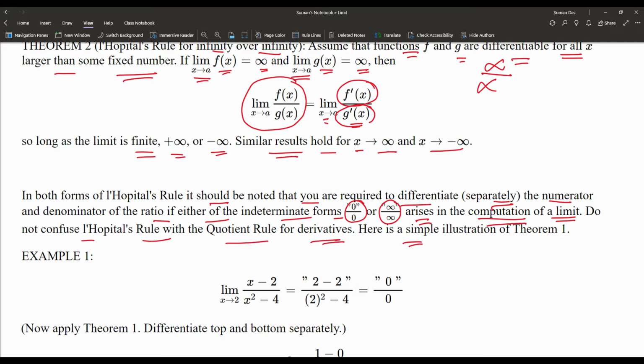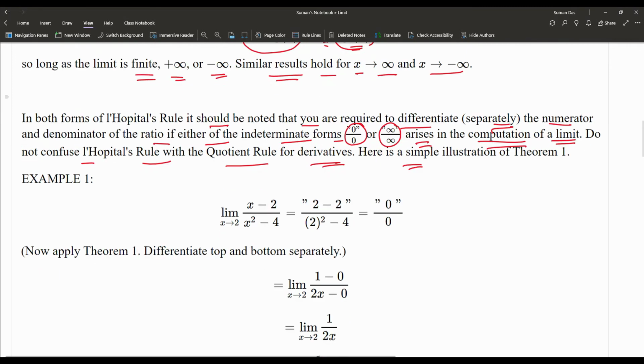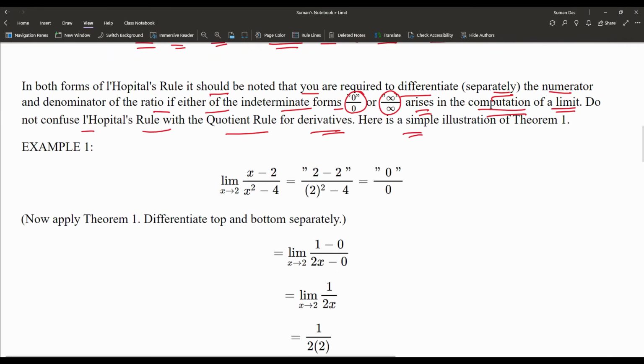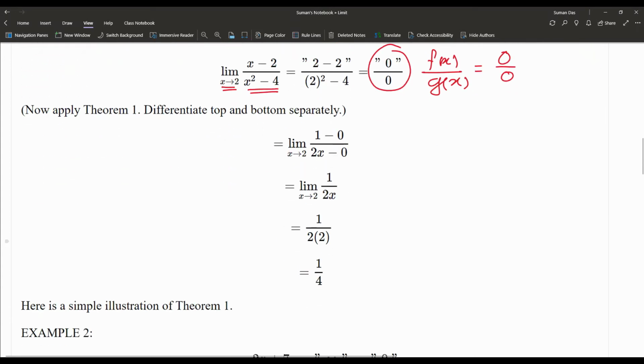Here is the first simple illustration of theorem 1. Let's check. The limit as x tends to 2 of (x minus 2) upon (x square minus 4). Now if we put x equal to 2 in place of x, we are getting 0 by 0. That means f(x) upon g(x) both are 0. So what to do according to L'Hopital's rule?